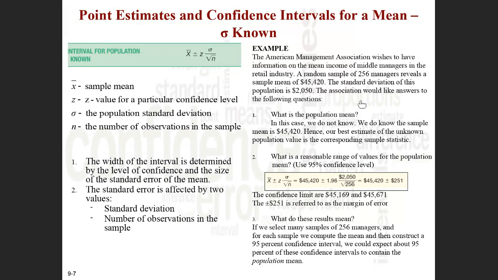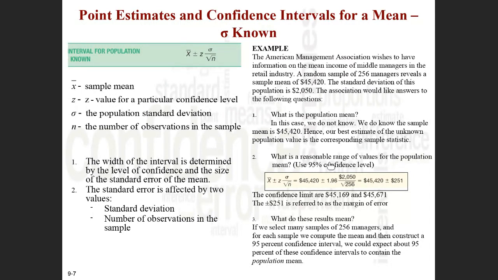The association would like answers to the following questions. What is the population mean? In this case, we do not know, right? But we know what the sample mean is. We do know the sample mean is 45,420. Hence, our best estimate of the unknown population value is the corresponding sample statistic.